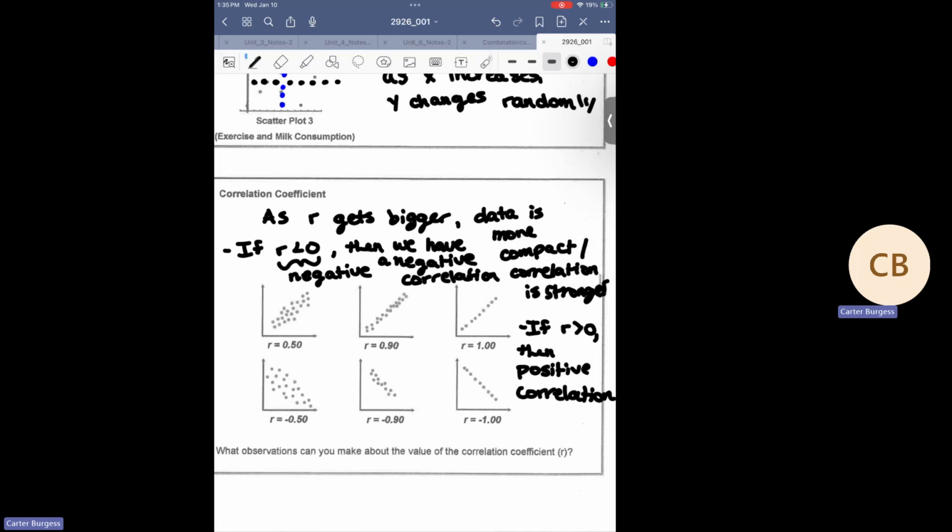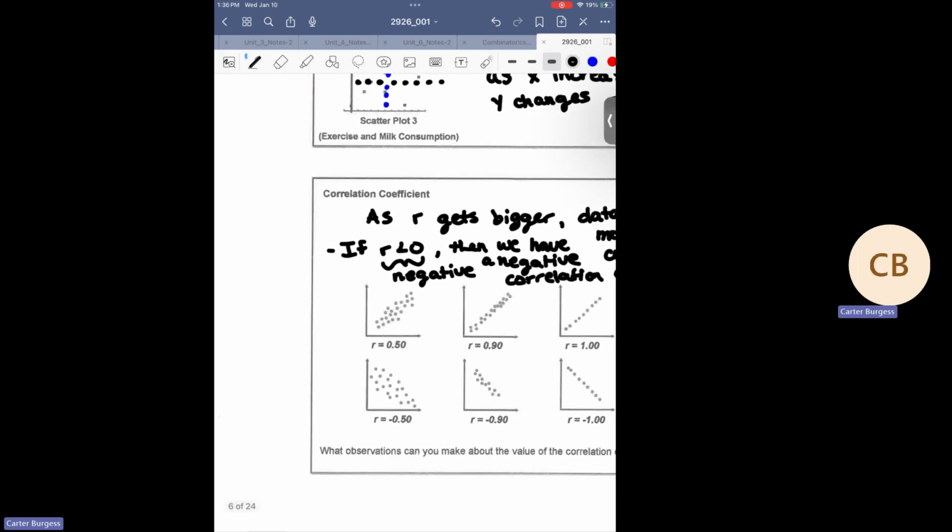We want to instead, as our R is getting bigger, we want that bigger to refer to the magnitude of R. We want it to refer to the size of R. As our R is getting bigger in both the positive and negative direction, what is it getting further and further away from? 0. Okay, so maybe 0 is going to be like our center point for no correlation.